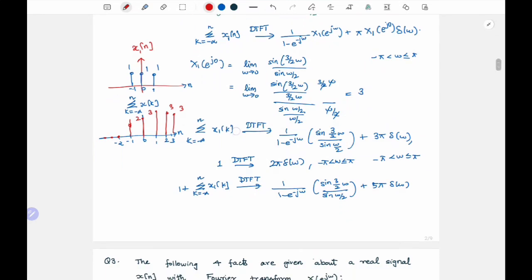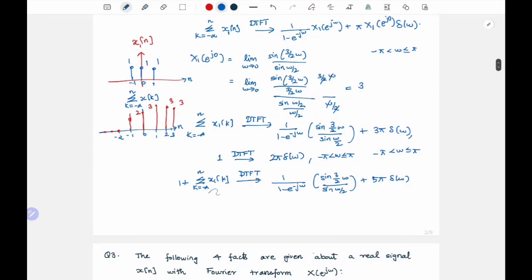So this is your summation. And then you need to get this signal. So this signal is nothing but just adding plus 1 here. So 0, minus 1, minus 2, 1, 2, 3, 4, 5 and so on.